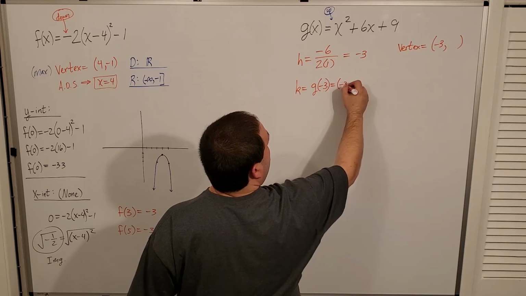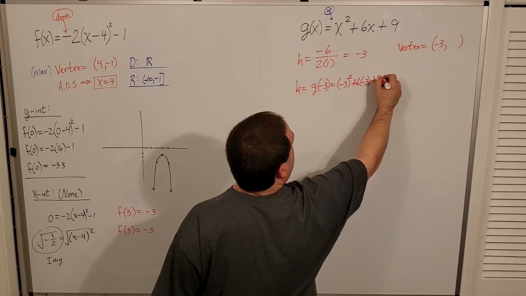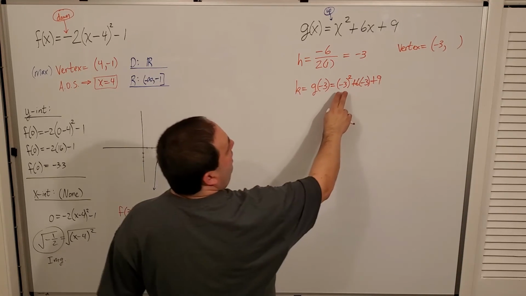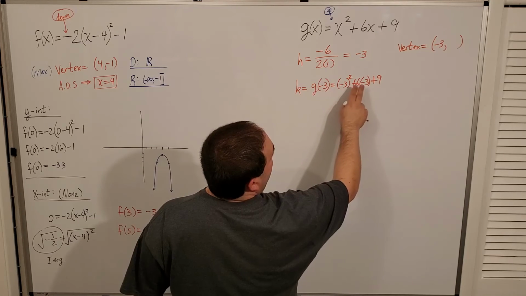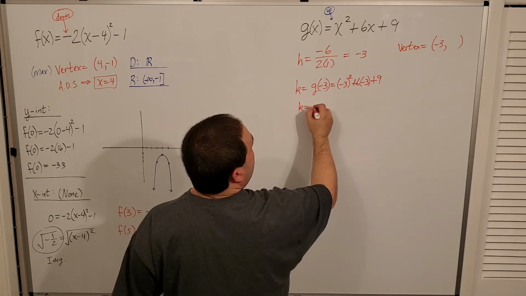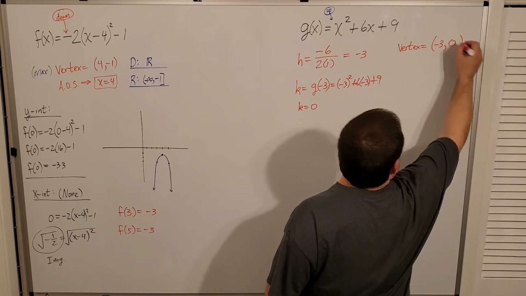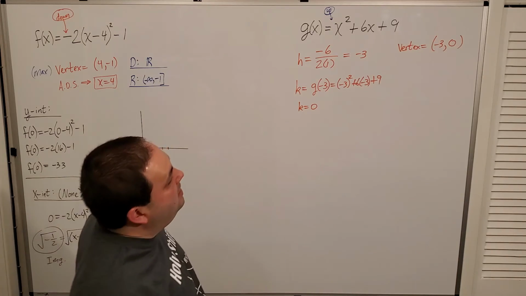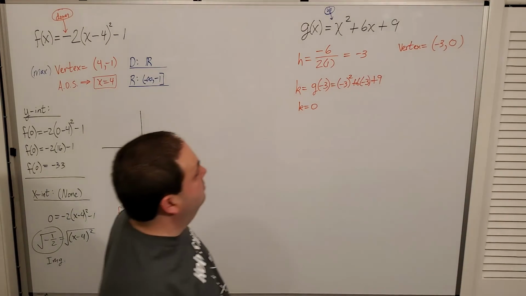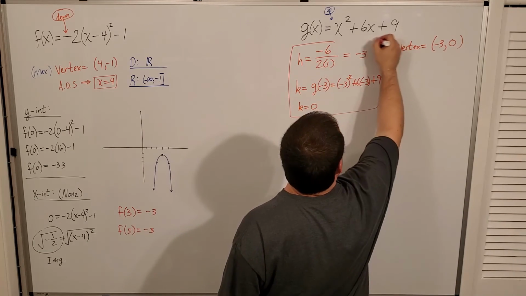So that's going to be negative 3 squared plus 6 times negative 3 plus 9. So I have 9 minus 18 plus 9. I'm getting that k is 0. So I've got that my vertex is the point -3, 0. All right, so I've done that calculation.